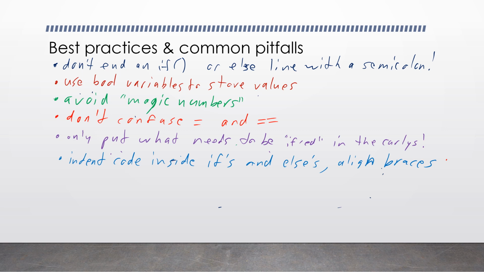So it should say if blah, open curly, then indent, do something, close curly. And this helps me track which pieces of code I intended to be inside the if clause and which pieces of code now are clearly not part of the if.